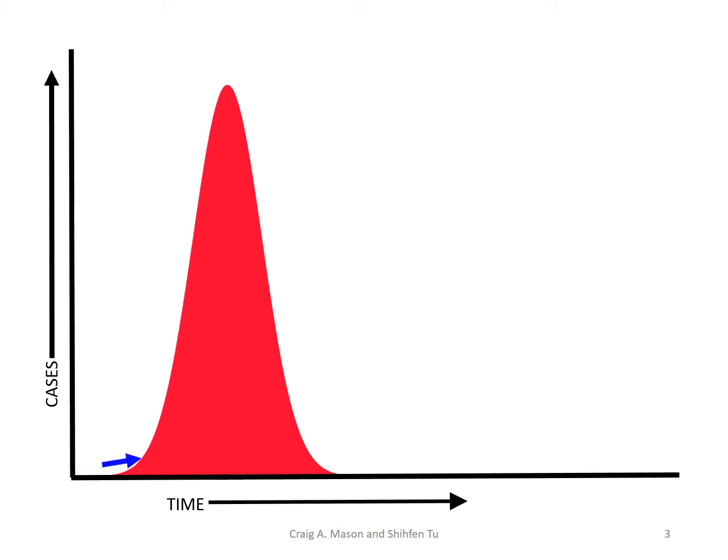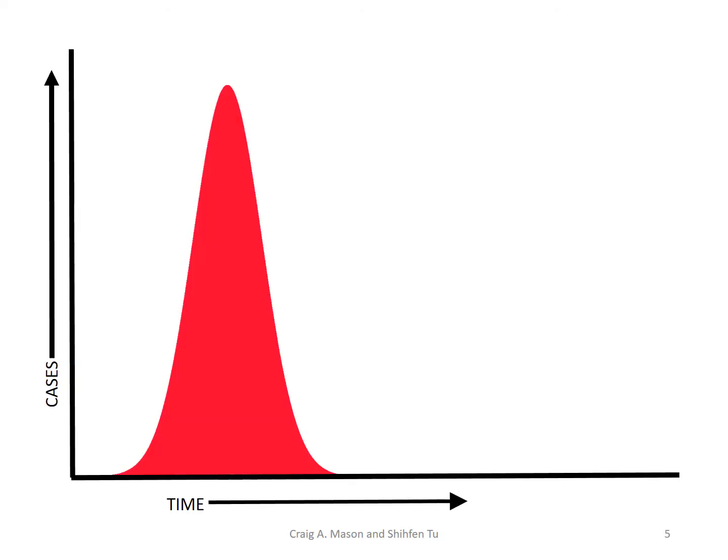Then it starts to pick up a bit, and then the number of cases starts to grow a little faster before potentially suddenly and dramatically increasing each day. Now, after a while, that daily increase does start to slow down and level off before the number of new cases each day starts to go down, eventually returning to very few or no new cases every day.